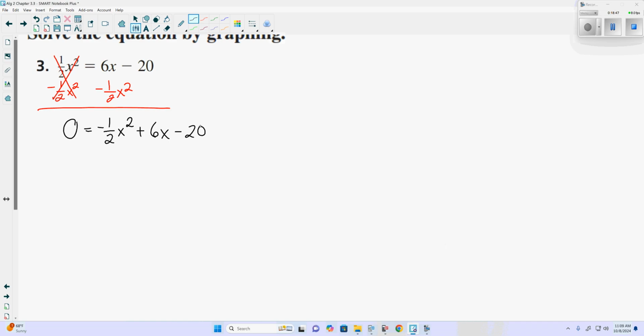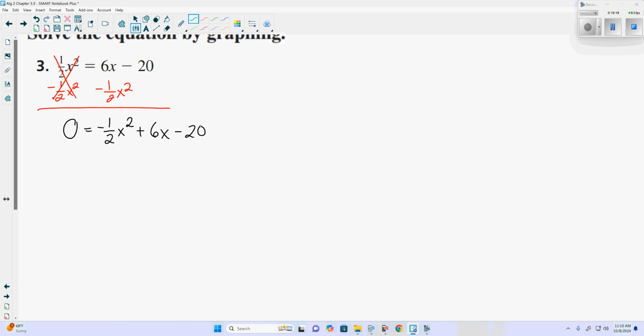Alpha y equals enter. Let's follow along. So we're able to get this. We good with this here?